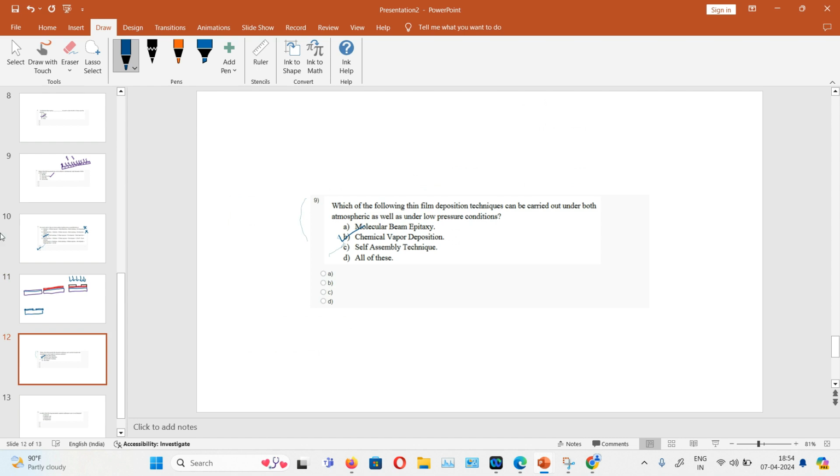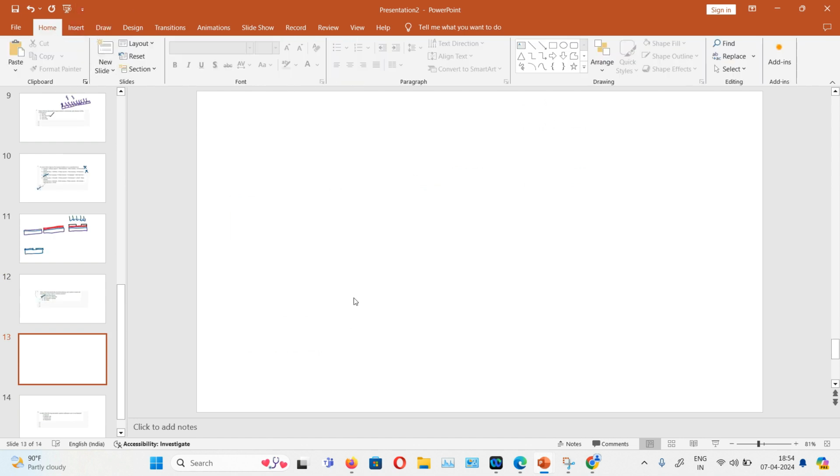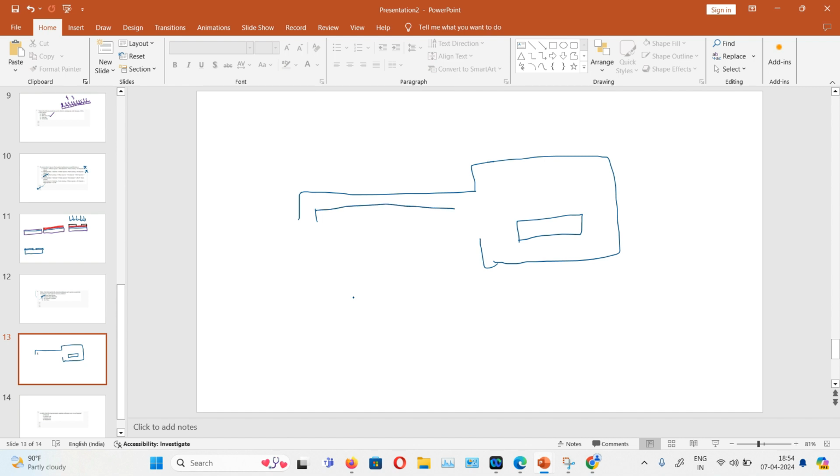In chemical vapor deposition, what is happening? There will be a chamber on which the substrate is kept. The purity of chemical vapor deposition will be less compared to molecular beam epitaxy, and different channels will be there for different substrates.